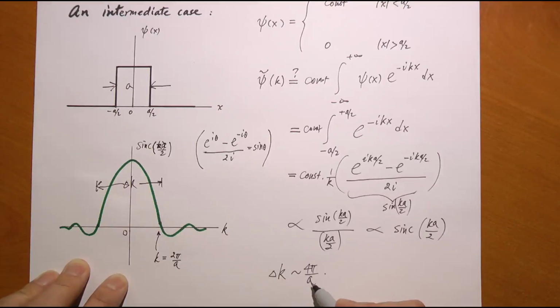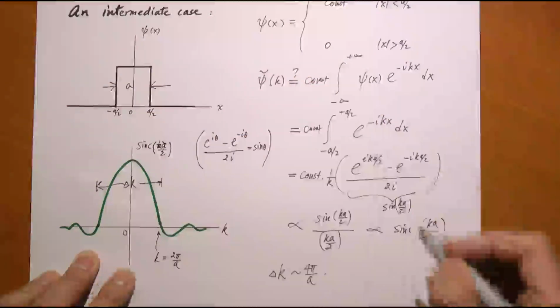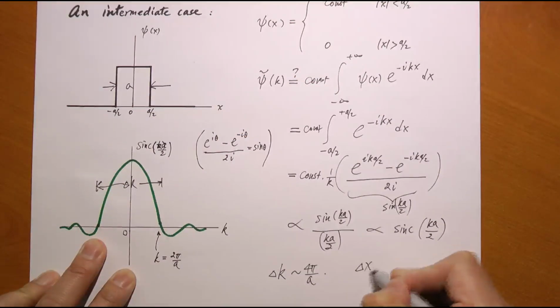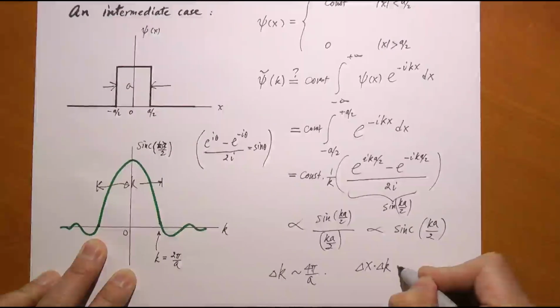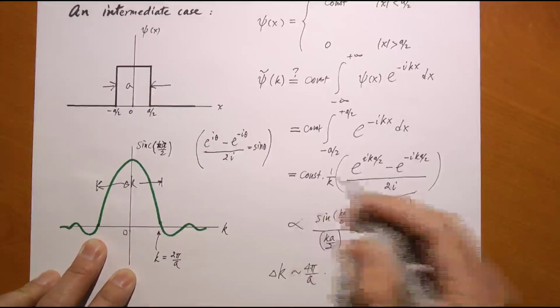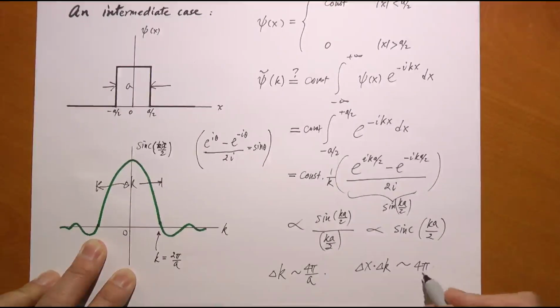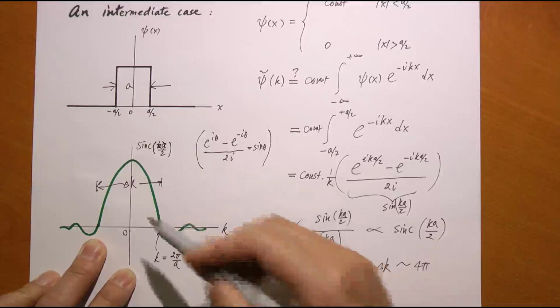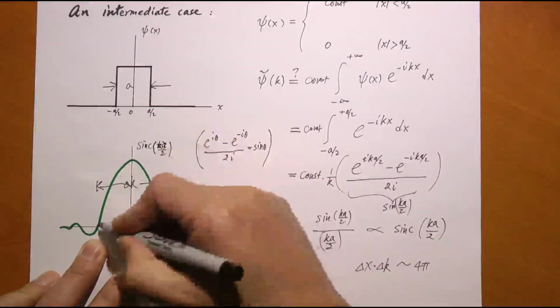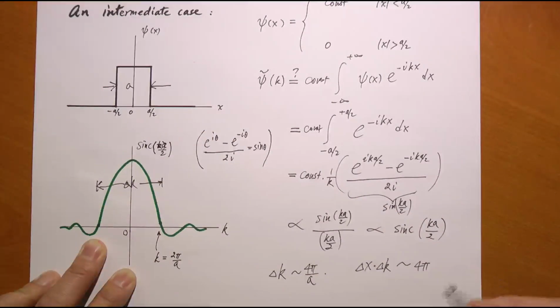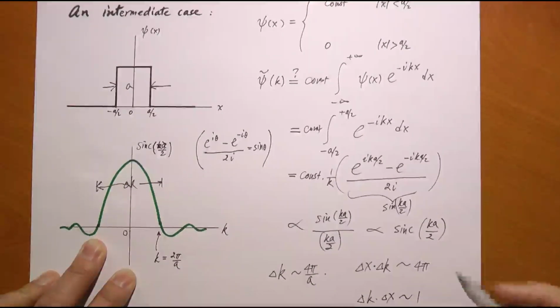Now you notice that delta k is inversely proportional to a, and yet delta x is a itself, and therefore we say, in this case, delta x times delta k is roughly 4 pi over a multiplied by a. So it's about 4 pi. Don't take that 4 pi too seriously, because the range here, delta k, is not exactly between here and there. So this is just an approximation. But suffice to say that what we're getting here is a number which is not that far from 1. Delta k times delta x is not that far from 1.